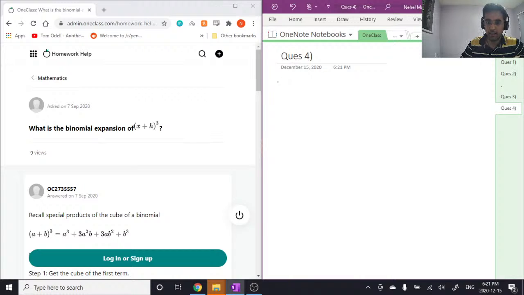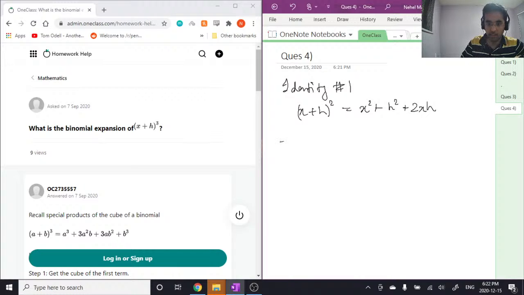So there are a few identities, and I'm going to just list out two for now. So identity number one is when we have (x plus h) whole square is equal to h square plus x square plus 2xh.